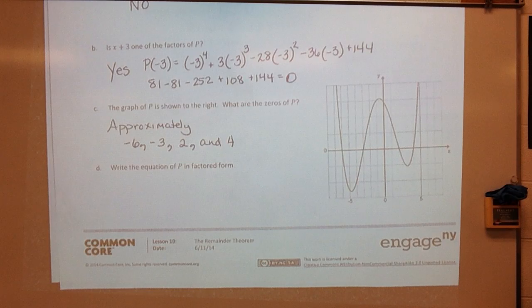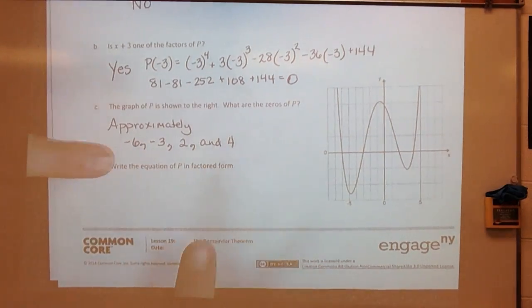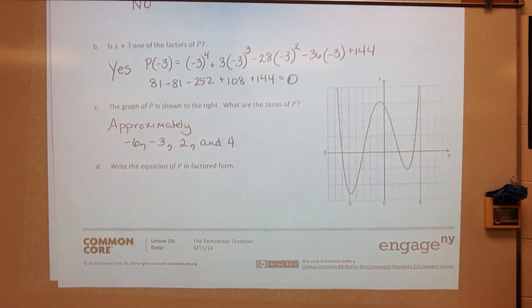So it says write the equation of P in factored form. Since I know these zeros, I do not have to do long division to work this out.